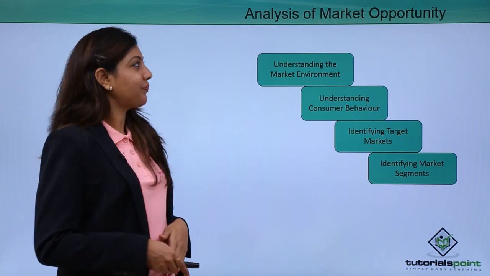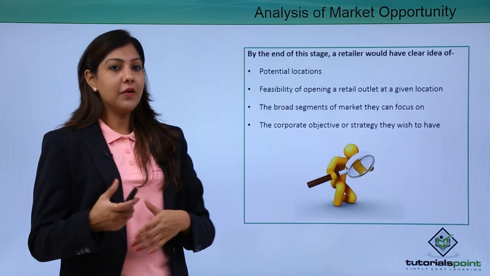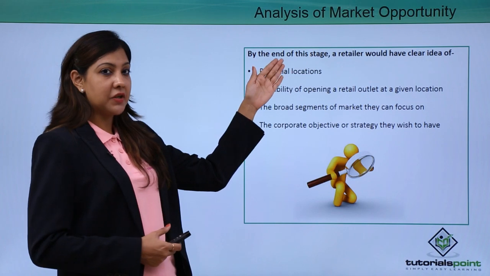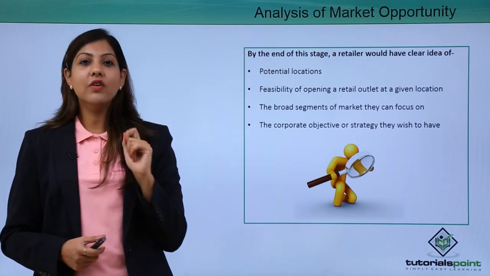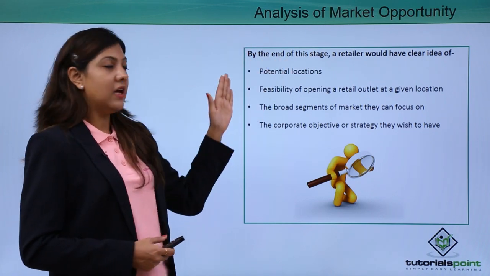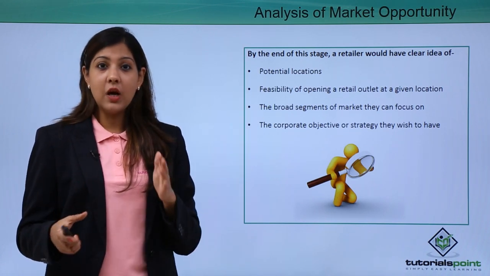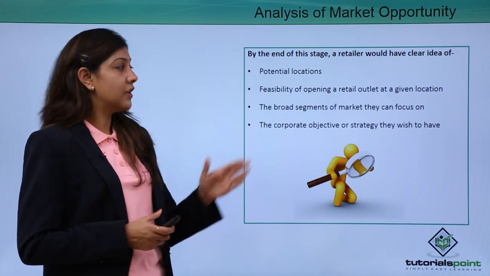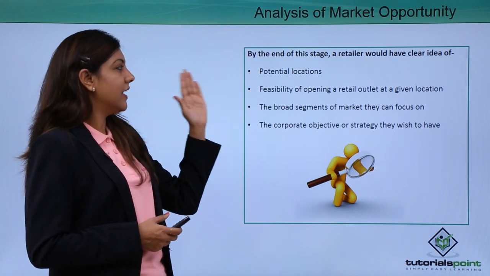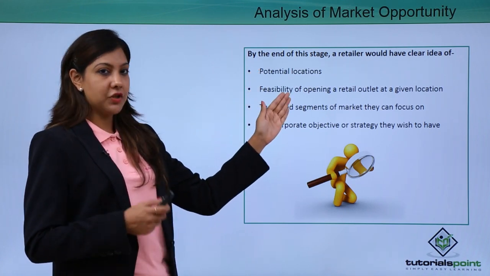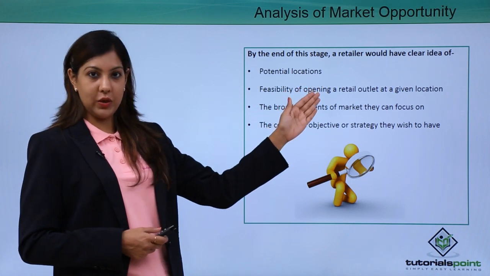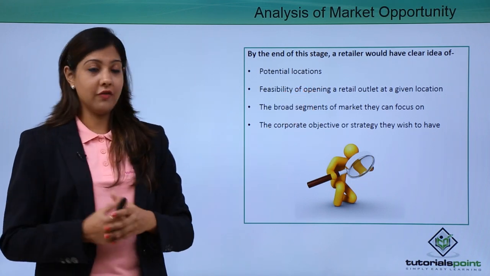Coming to another aspect of it, by the end of this particular stage, the retailer would have a clear-cut idea of what is the potential location. So if you're targeting a particular state, which are the nearby locations? So potential locations are targeted. Feasibility of opening a particular retail outlet in a given location, whether it's feasible or not feasible.